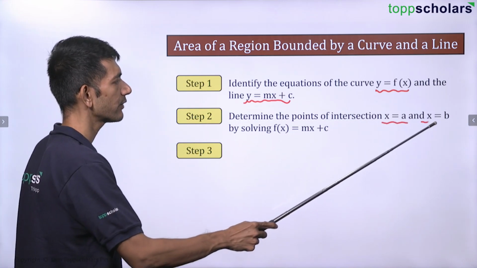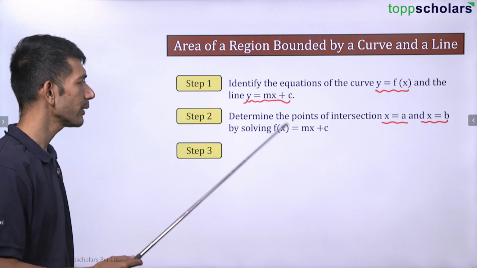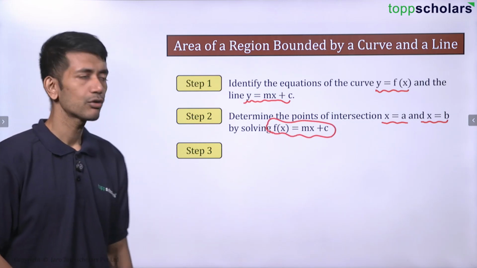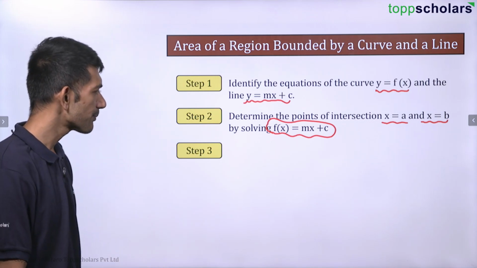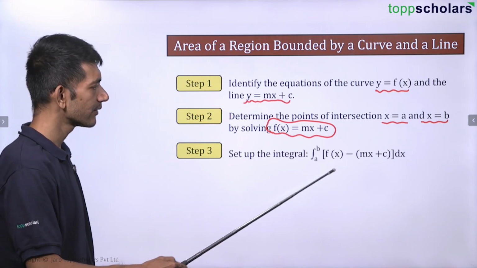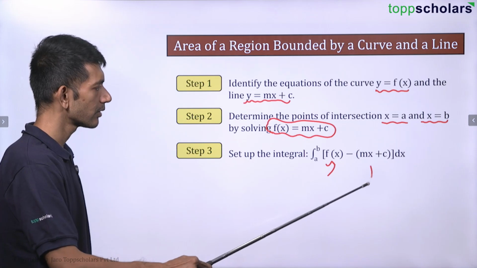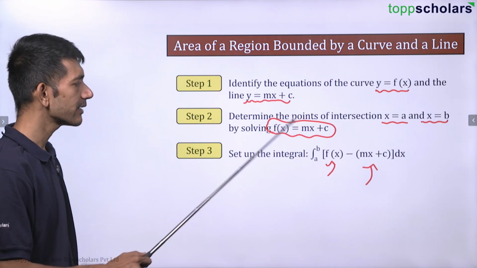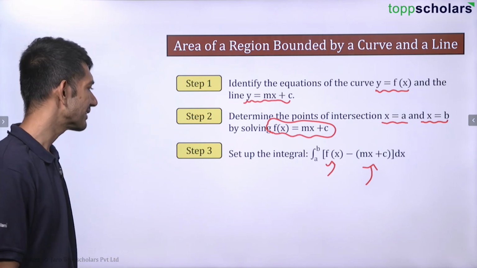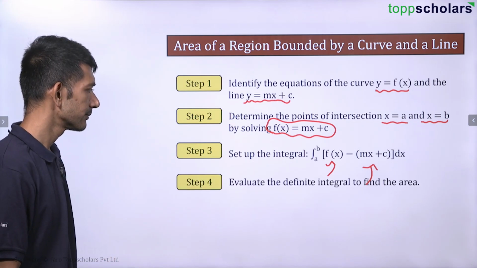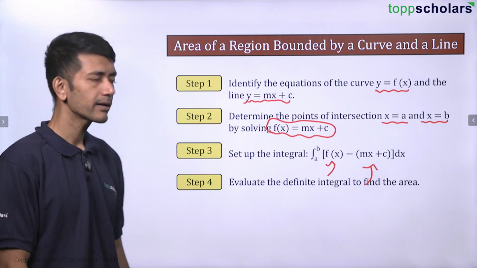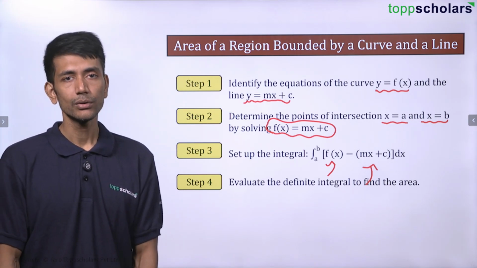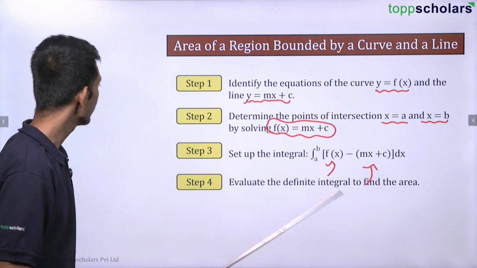So we'll determine the points of intersection x equal to a and x equal to b, and then we'll solve f(x) equals mx plus c. And then we need to subtract, right? Put f(x) here, put mx plus c here, subtract it, integrate it from a to b, put the limits, get the answer. Finally, we'll evaluate the definite integral to find the area, right? Okay.